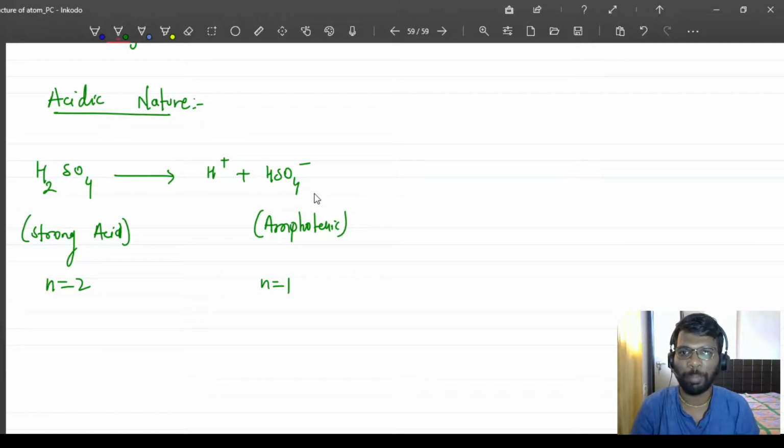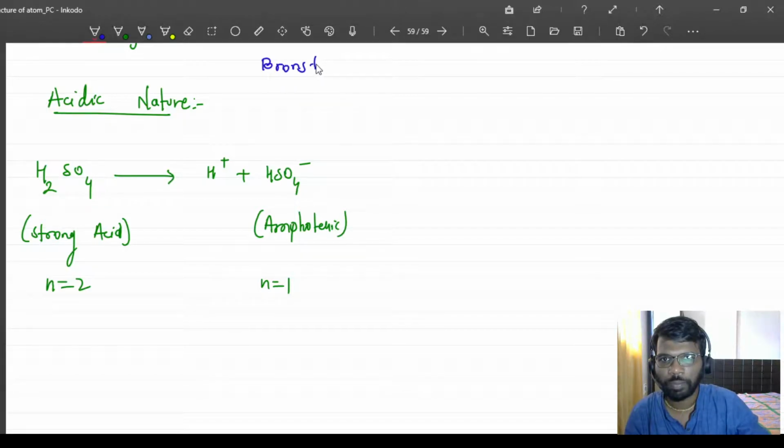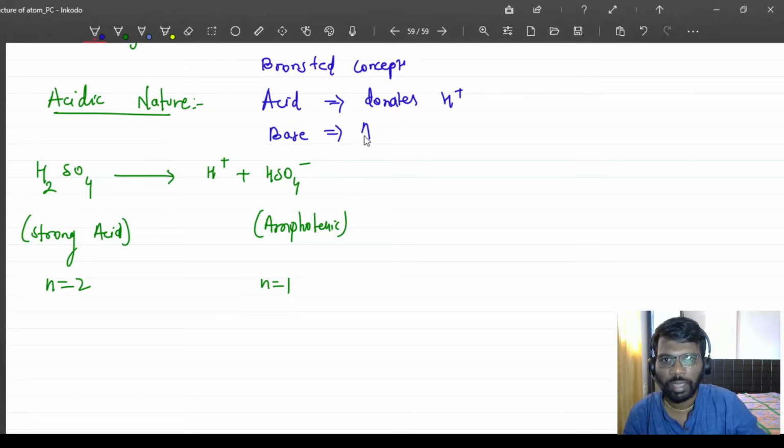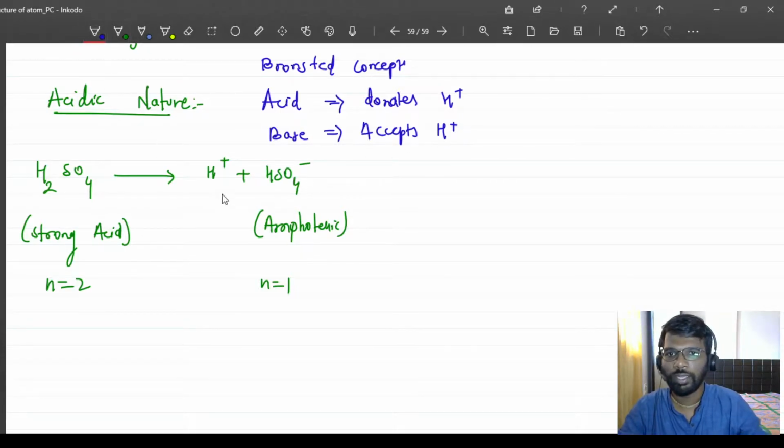According to the Bronsted concept, acid is something which donates H plus and base accepts H plus. So over here, if HSO4 minus accepts H plus, then it will form H2SO4, which is an acid.